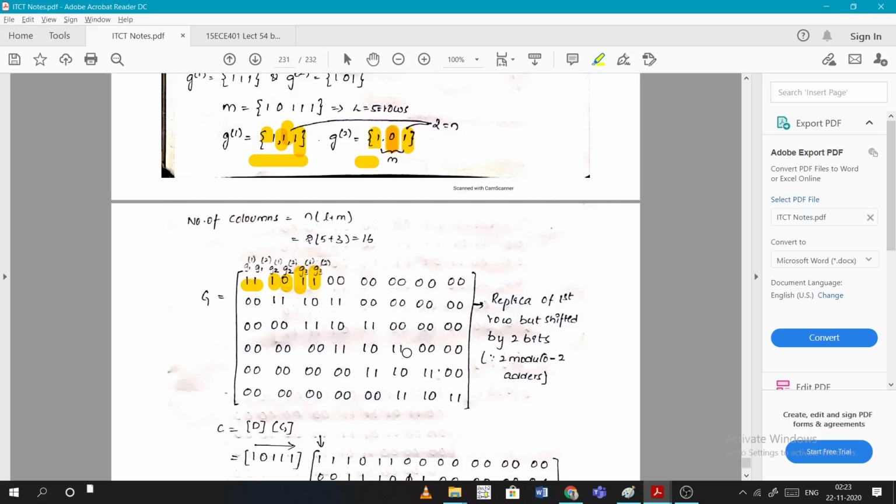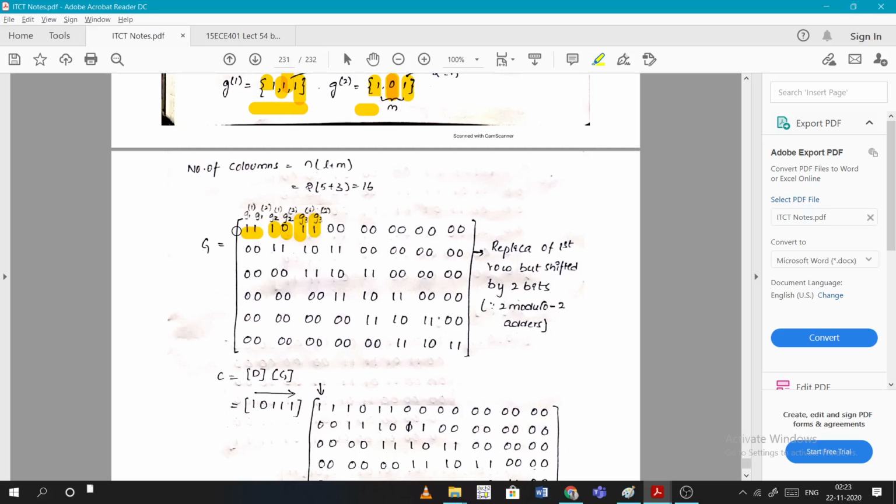The dimension is 5 cross 16, that means 16 columns should be there, but we got already 6. So there should be 10 more columns, and all these columns will be zeros.